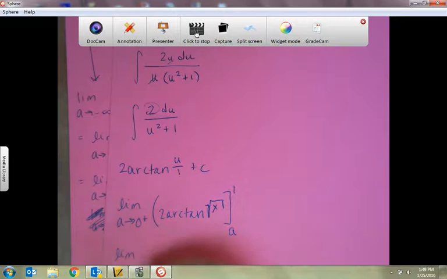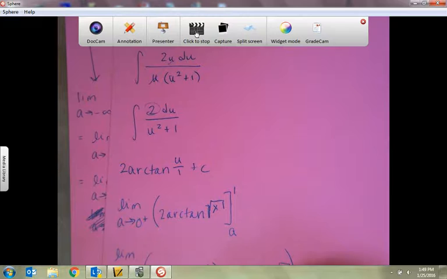So now we're going to go do the other side. Well, we've already got the tough part done. We've already done that integration. So I'm going to go ahead and get my limit, and we use b in that case.